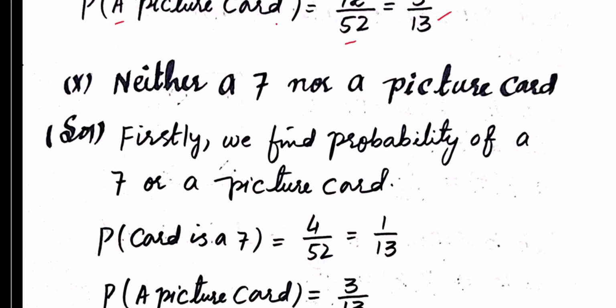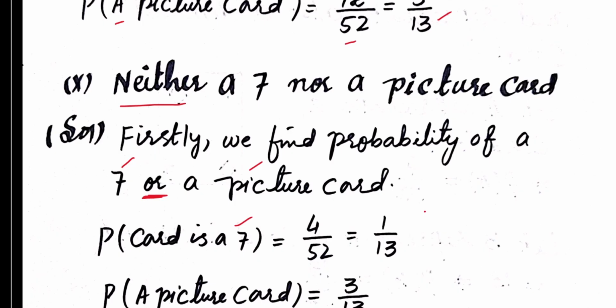Neither a 7 nor a picture card. Firstly, here we have to find the probability of the complement actually. Firstly, we find the probability of a 7 or a picture card. There is the word "or", so again we will use the probability of a union. Probability that a card is a 7: there are a total of 4 cards of 7.